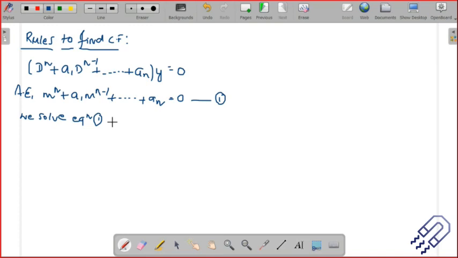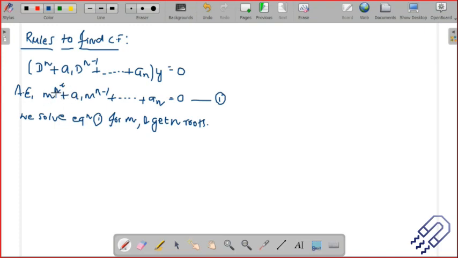Okay, and for m, we solve for m and get, so it's an equation of order n, so we get n roots. Let's say write down n roots. Yeah, obviously. So if it's a second order equation, you are going to get 2 roots, third order 3 roots.